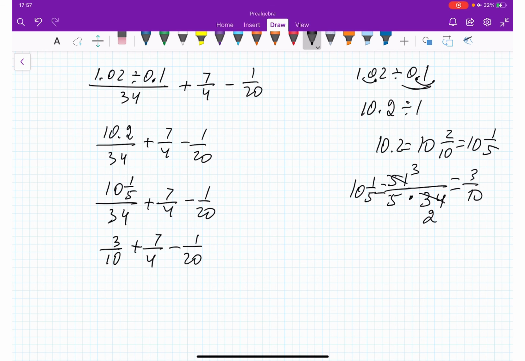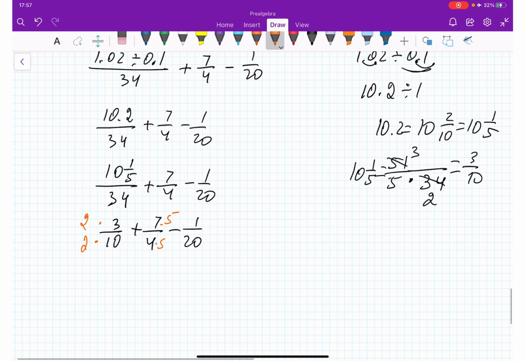Common denominator, it's clearly going to be 20, which means here times 2, times 2. Here times 5, times 5. Here we don't touch it because we have 20 already. And that is equal to 6/20 plus 35/20 minus 1 over 20. And this is equal to, we have here 20.